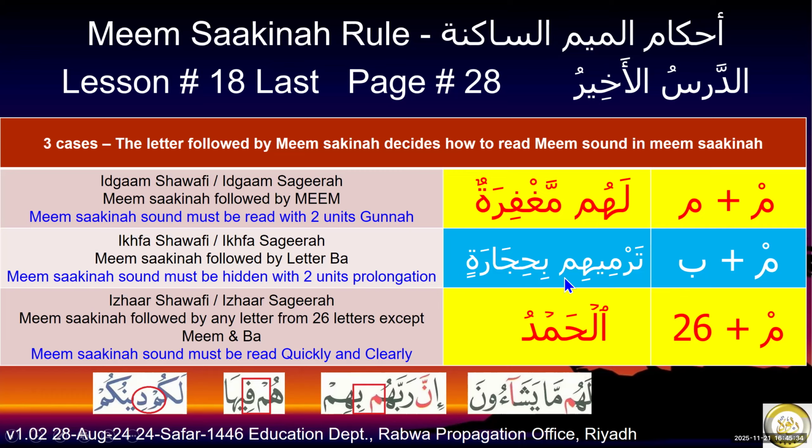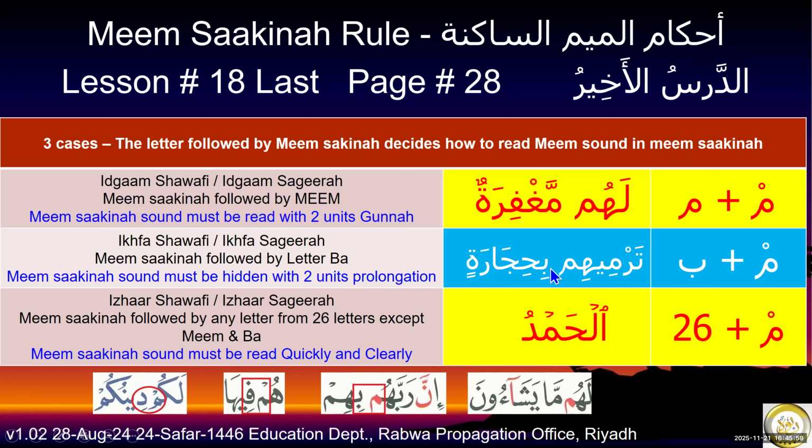Just bring the lips nearby, but don't read this meem. Tarmihim bihijaratin. I'm hiding the meem sound. I'm not joining the lips here. If I join the lips, the meem sound will come. If I don't join the lips, you don't hear the meem sound. Tarmihim bihijaratin. This way, you are hiding the meem sound.